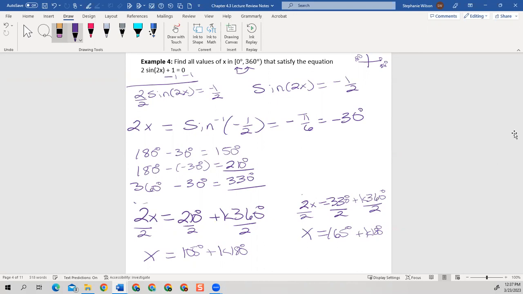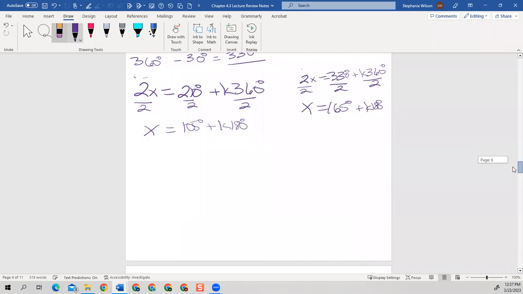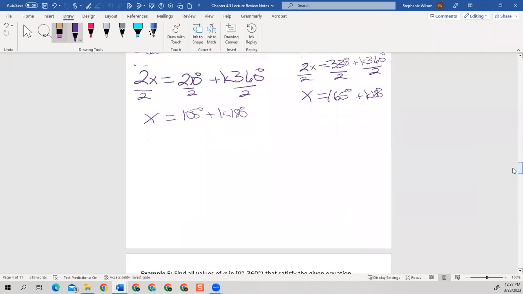Let's start finding out the values. So what I'm going to do is let k be some point. Let's say when k is 0, if I plug 0 in for k, I just get x at 105 degrees.